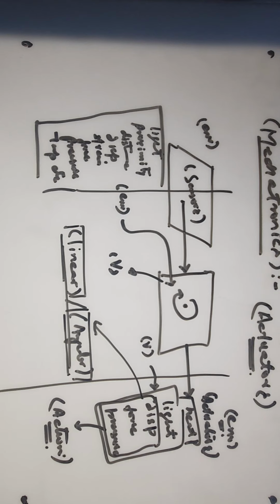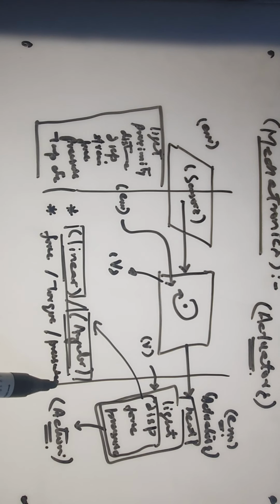For both linear and angular actuation, the first thing is how we need to actuate on the displacement side. The second is what is the amount of force or torque or pressure that this actuating unit has to apply.